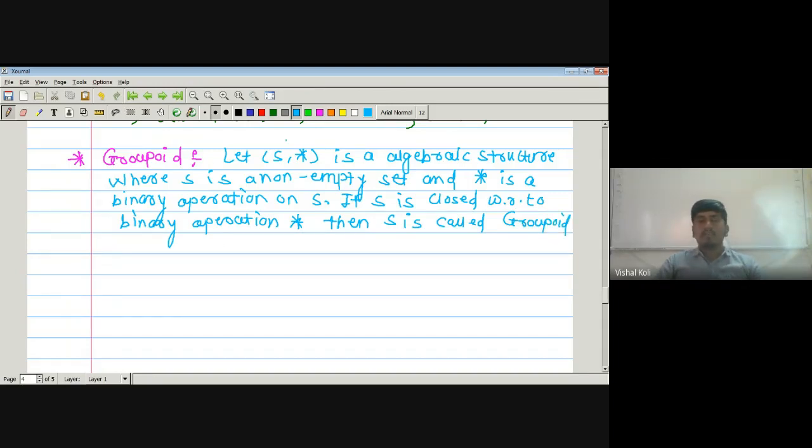So if (S, star) is an algebraic structure where S is any non-empty set and star is a binary operation defined on that set, and if S is closed with respect to the binary operation star, then S is called a groupoid. Closed with respect to binary operation star means that for any a, b belonging to S, a star b must be a member of S, which is nothing but the closure property. Therefore, if the given algebraic structure holds the closure property, then the corresponding S is called a groupoid.